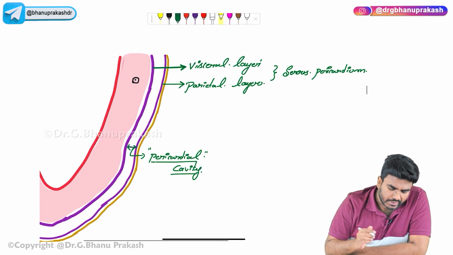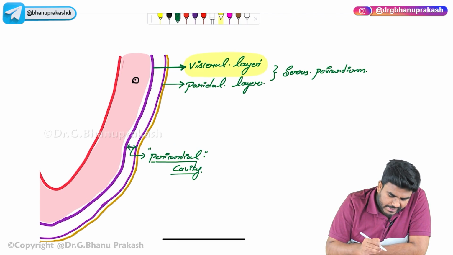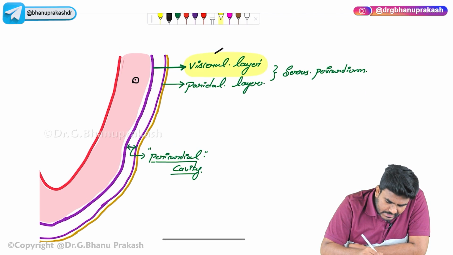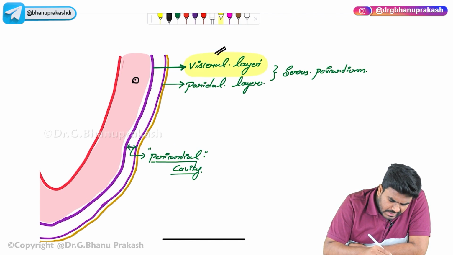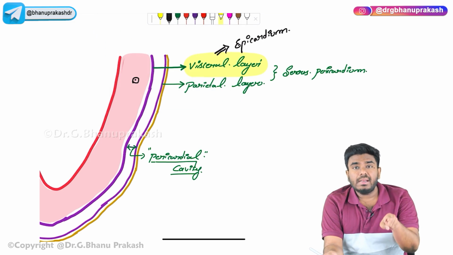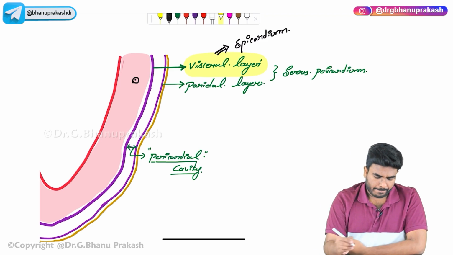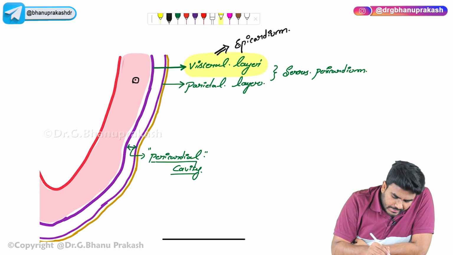Now here itself I want you to know, this visceral layer which I am highlighting is also called the epicardium. So the visceral layer of the serous pericardium is nothing but the epicardium. What is the layer which is outermost?